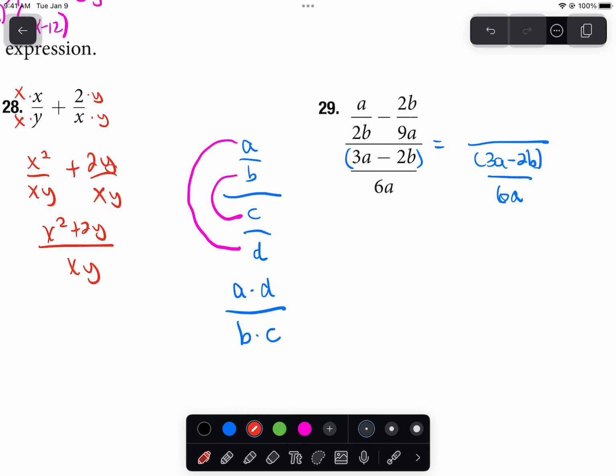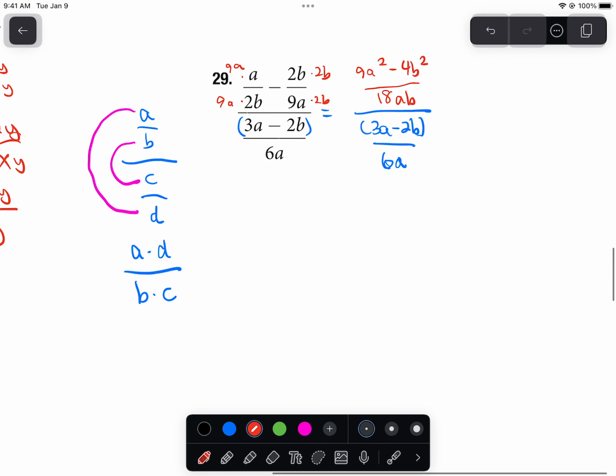So this one needs a 9a on top and bottom. This one needs a 2b on top and bottom. For a final answer, the bottom's going to be 18ab. The top is going to be 9a squared minus 4b squared. Okay.